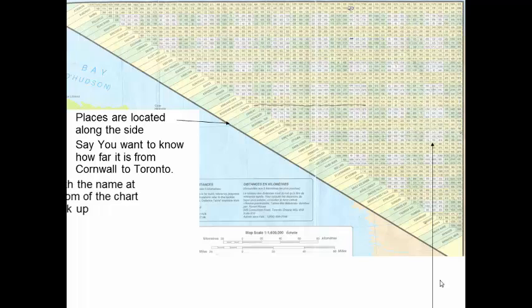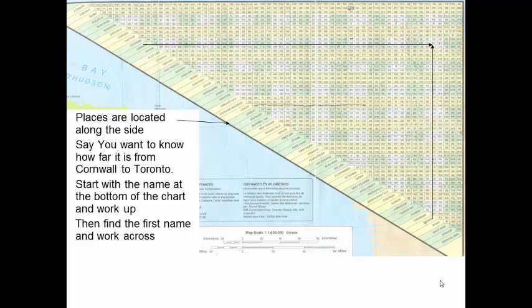But let's just, for argument's sake, start at Toronto and find Toronto and then work your way up. Just like the arrow shows you in the line, work your way all the way up those numbers. Find Cornwall and then go along Cornwall and you go along its box. And as you see, you will eventually come to a number and they collide. In this case, where the square meets is the actual distance, and it's 435 kilometers. So that's how far you'd find it from Toronto to Cornwall.